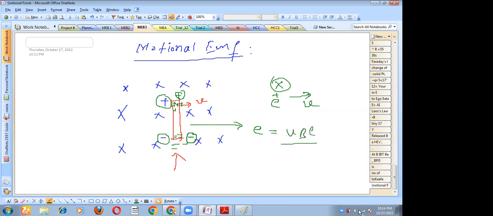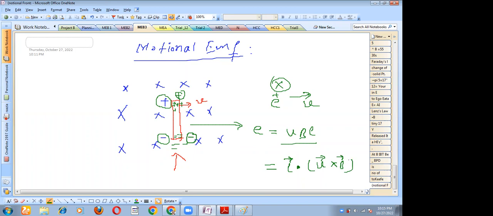In other words, the actual formula for motional EMF is basically the integral of (v cross B) dot dL. This is the actual formula for the induced EMF.